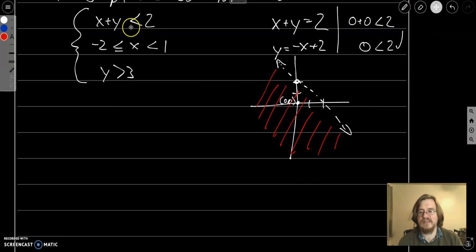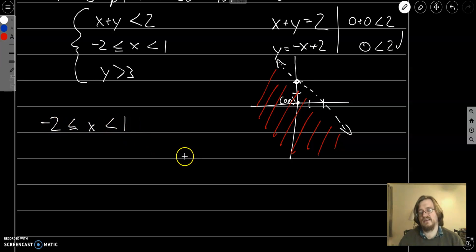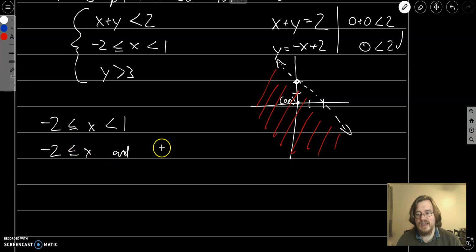Now let's look at the second inequality, because it actually is two inequalities in one. We have negative 2 is less than or equal to x, which is less than 1. We can interpret this as two different inequalities at the same time: negative 2 is less than or equal to x, and x is less than 1.